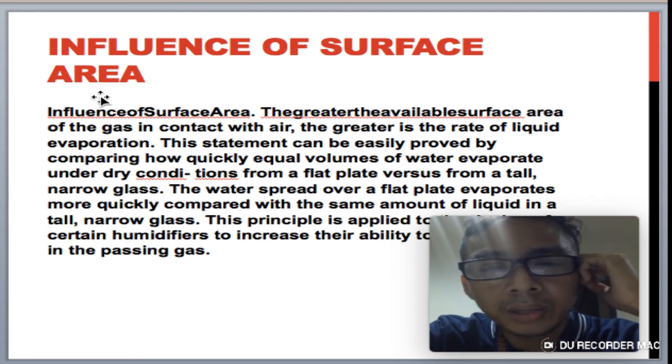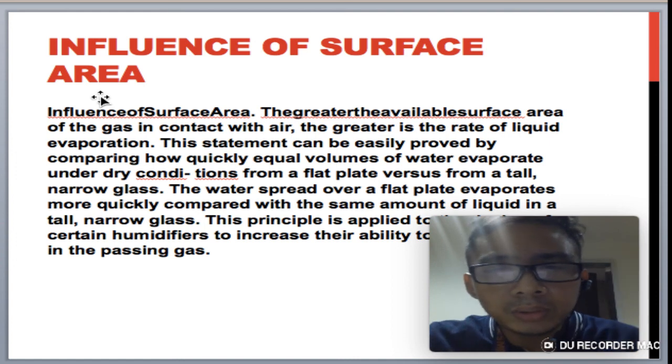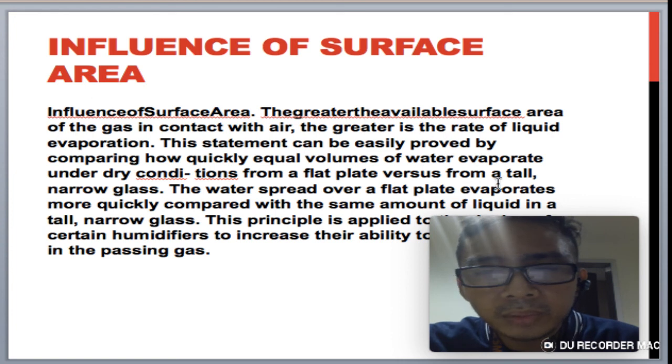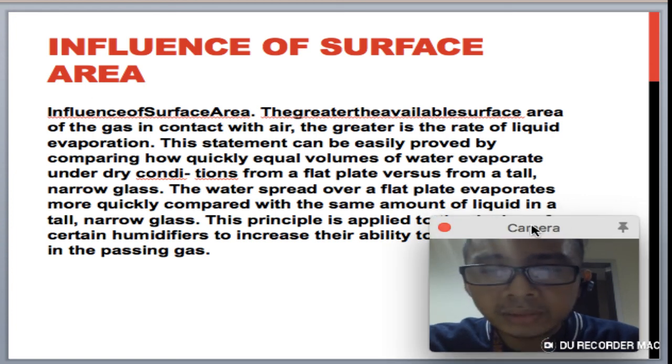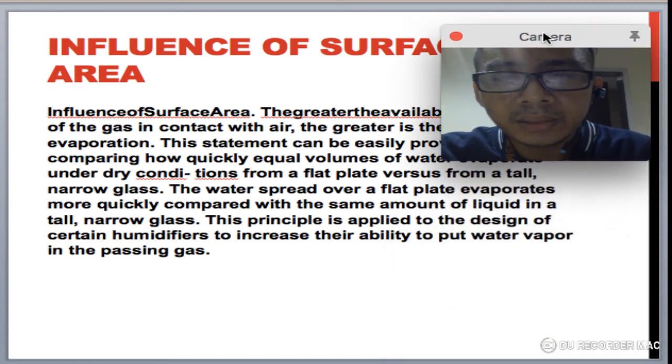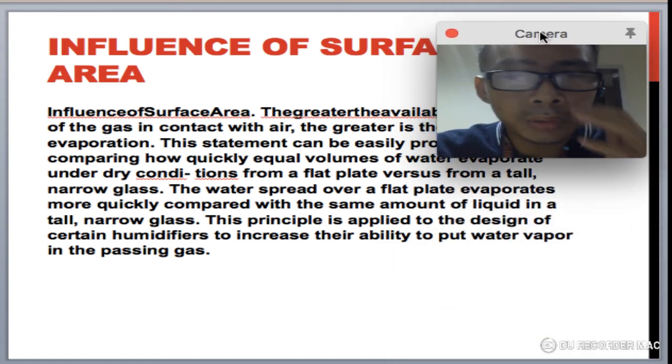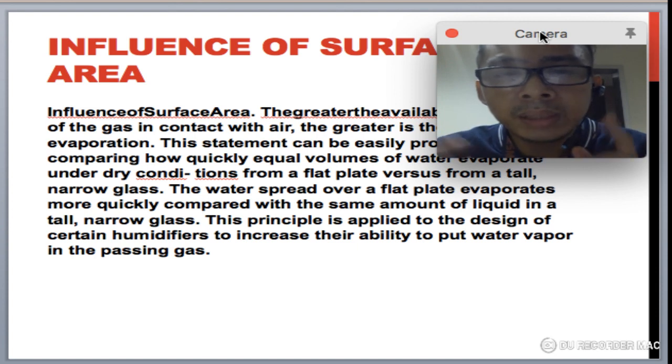The water spread over a flat plate evaporates more quickly compared to the same amount of liquid in a tall narrow glass. So when your surface area is large, the evaporation is greater, whereas in a closed or tall narrow glass, the evaporation is less.